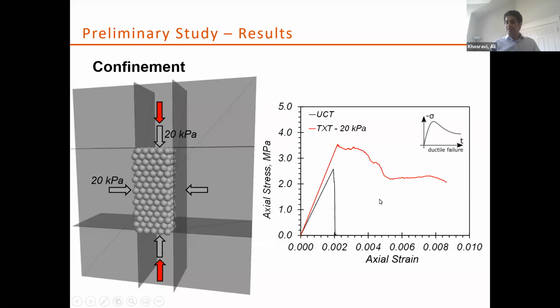And here you can see the results for the case of the confined specimen. In terms of magnitude, the strength we get for the confined specimen is much larger than what we have for an unconfined specimen. And also the response changes from a brittle response more toward a ductile response.